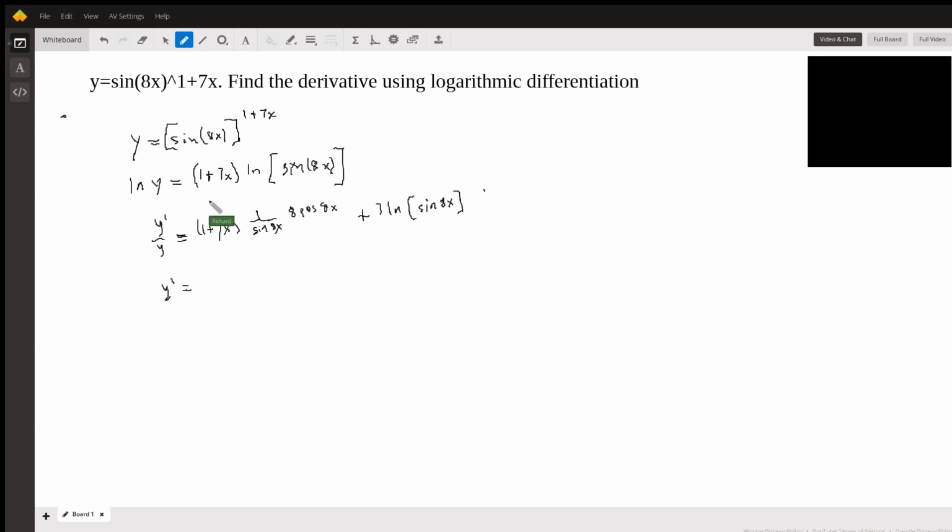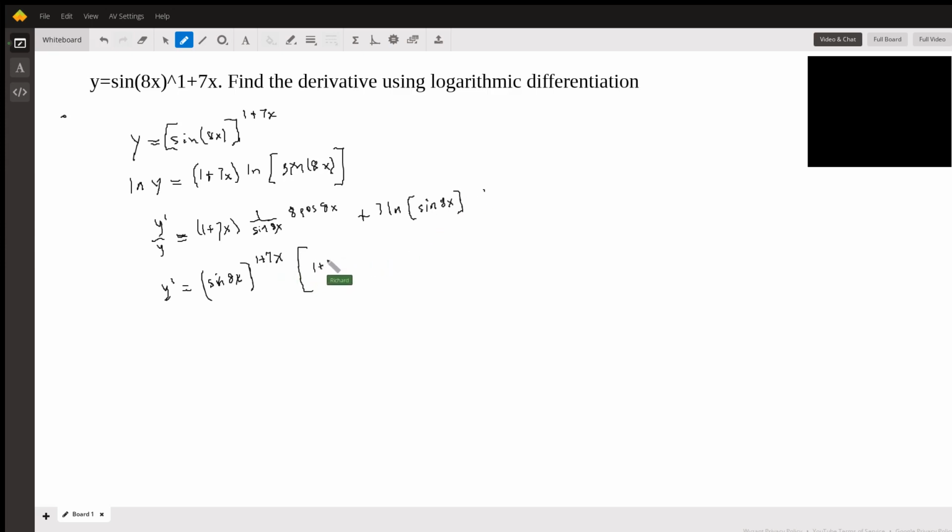So now I'm going to take the original y, which is sine 8x raised to the 1 plus 7x. And then you would multiply that by everything that we had up here.